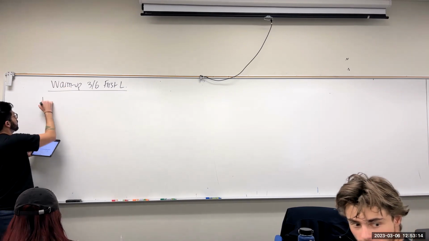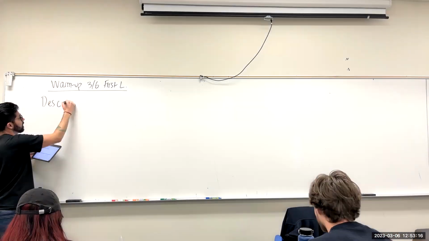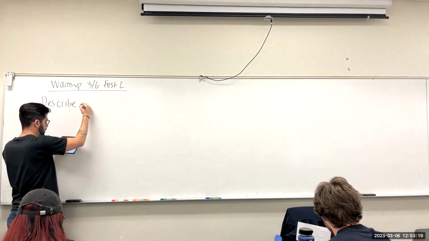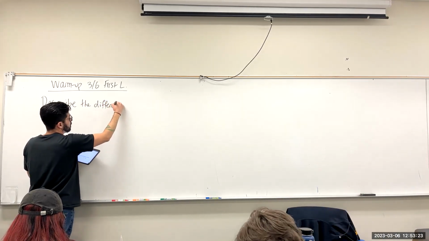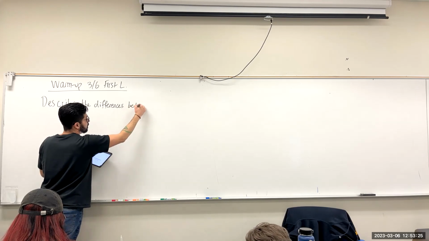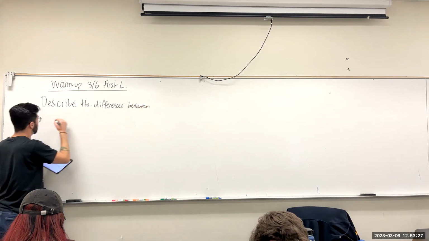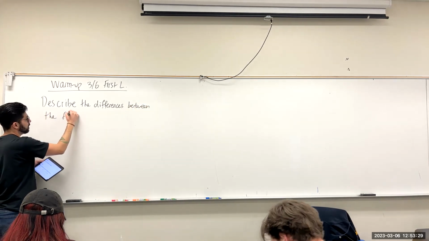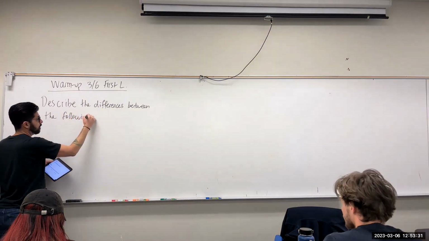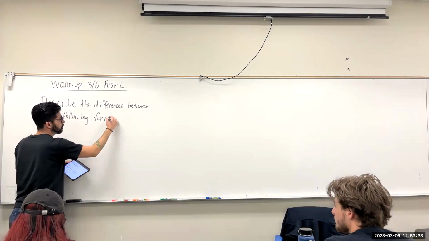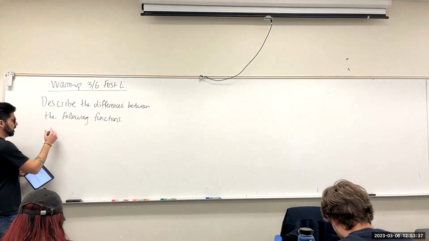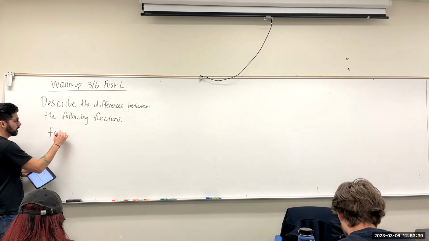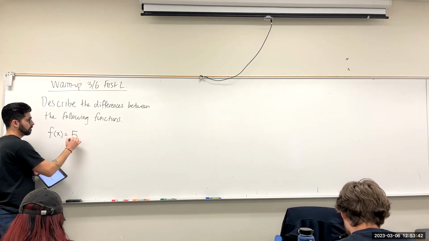And here's the warm-up. It says describe the differences between the following functions, and whatever you feel are differences, describe as many as you can. So I have f of x equals 5 to the x.